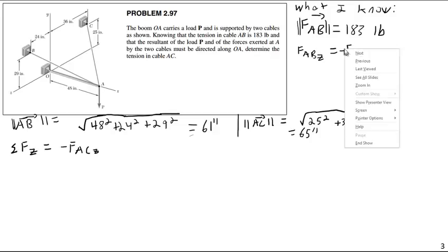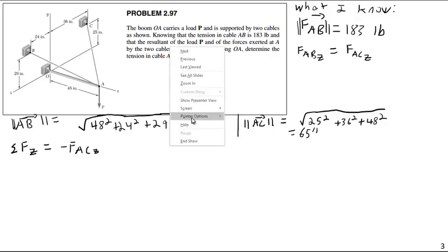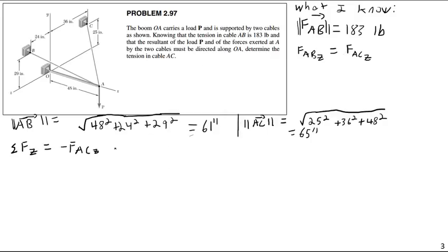Actually, I should probably make that just positive, I think. There we go. That makes more sense with this math. Plus FABZ, like so. Okay?